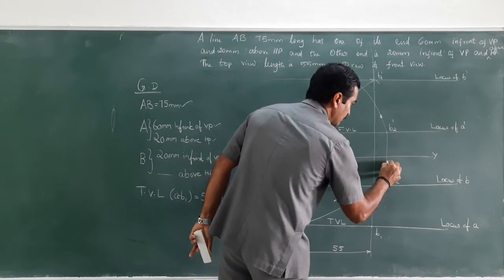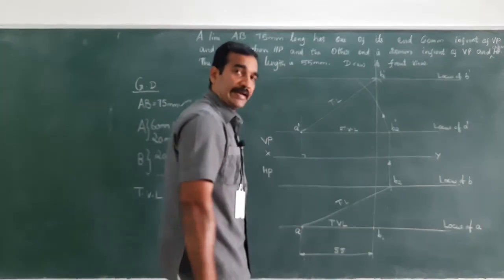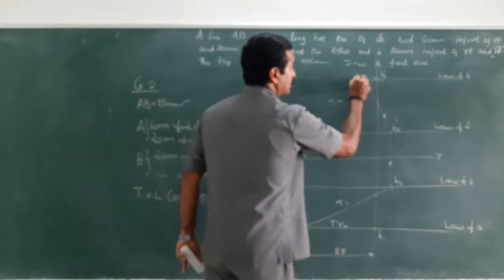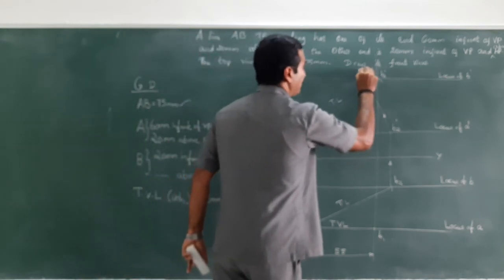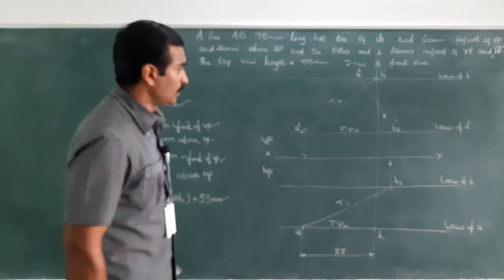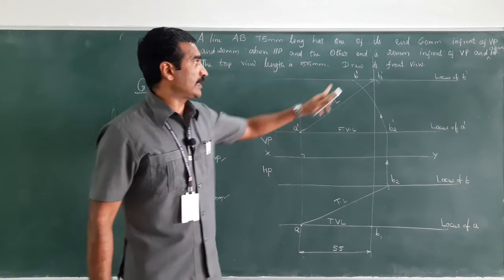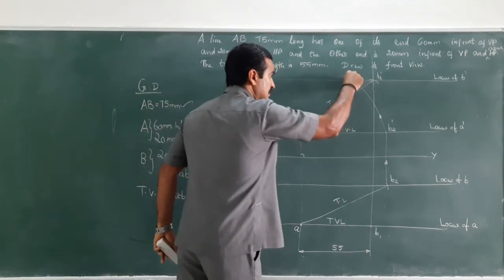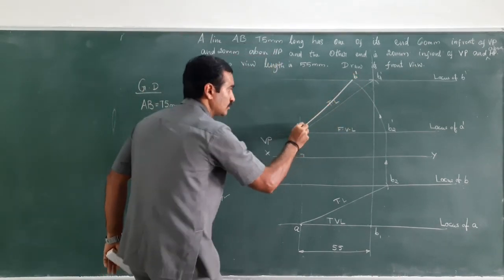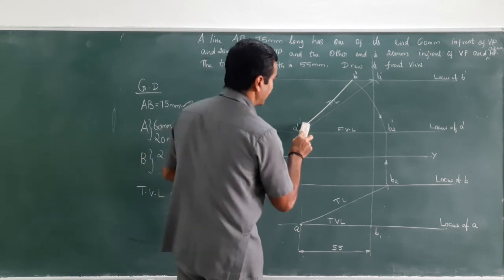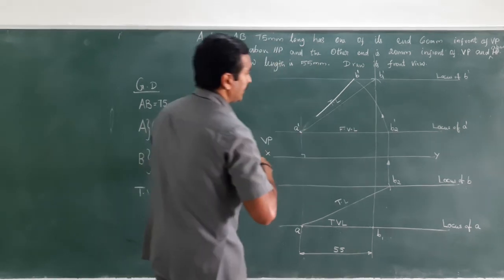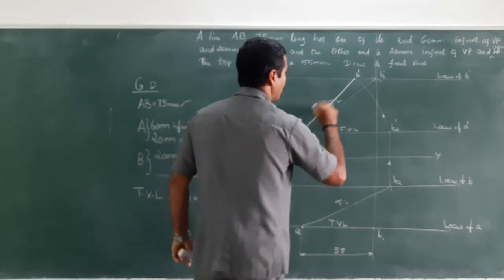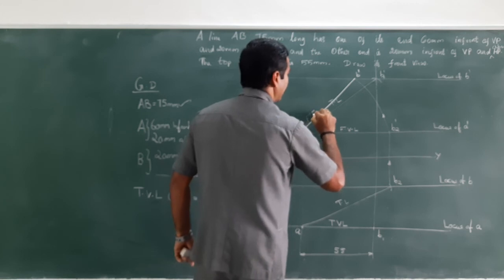It started from the true length and extended to the locus of A dash, and it has been rotated to the locus of B dash. This intersection point is nothing but B dash. By connecting the points A dash and B dash, you will get the final front view.